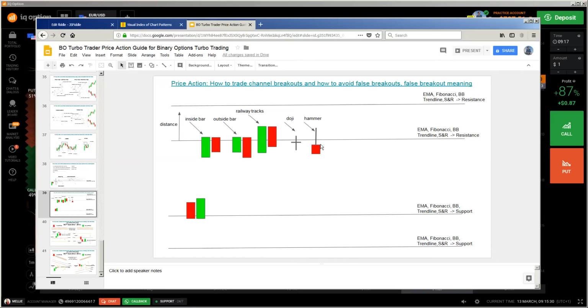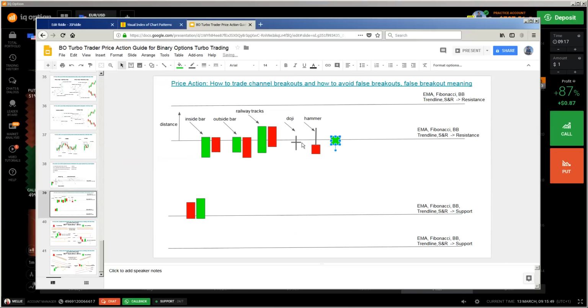At the end, you are using the fake breakout. And then we have also something like the spinning top, which is also some kind of fake breakout if it's placed maybe in this case, because it's also a weak candle.